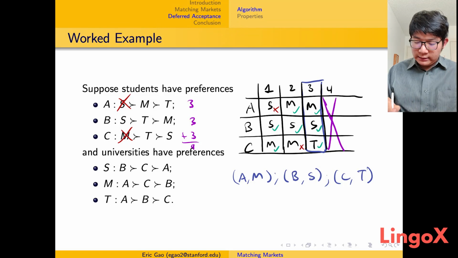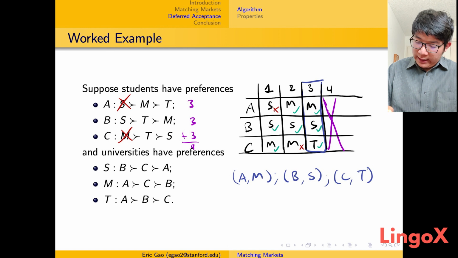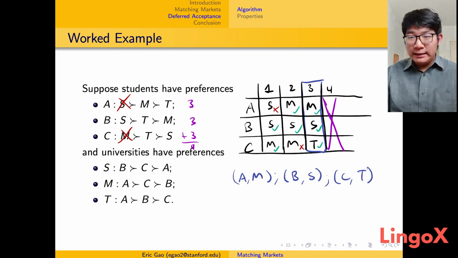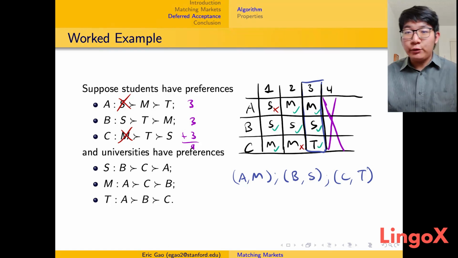Tsinghua has no other applicants, so even though Carl is the worst for University T, T has no choice but to accept Carl because they don't have anyone better to accept. Stanford has only Bob, MIT has only Alex, so everyone is good. Then in round 4, nothing happens because everyone is accepted, so no one needs to do anything.